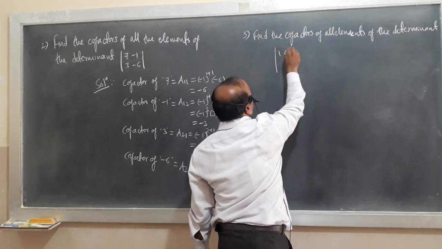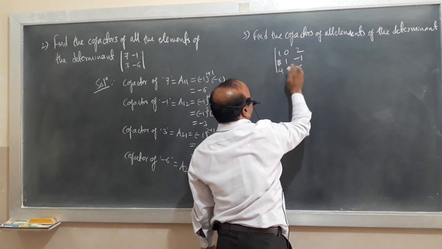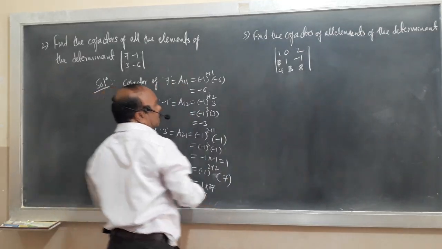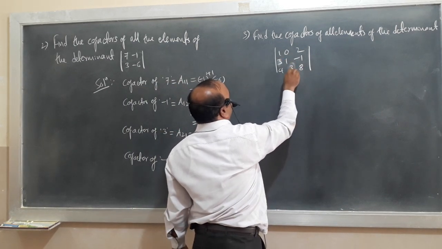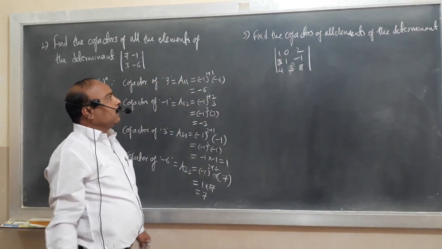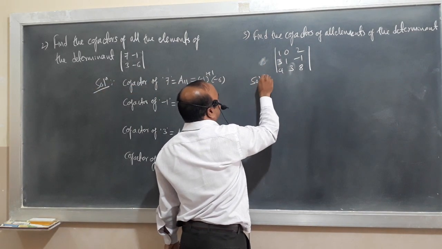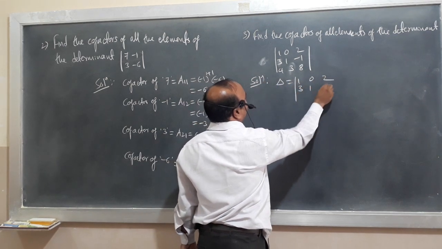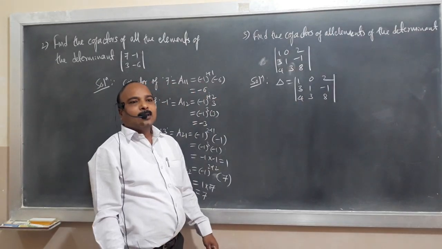We take 1 0 2, 3 1 minus 1, 4 3 8. Now we go for this example. Now we calculate one by one. So we take it as delta. Delta is given by 1 0 2, 3 1 minus 1, 4 3 8. Now we calculate one by one.